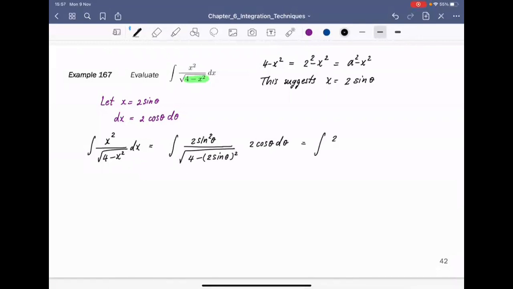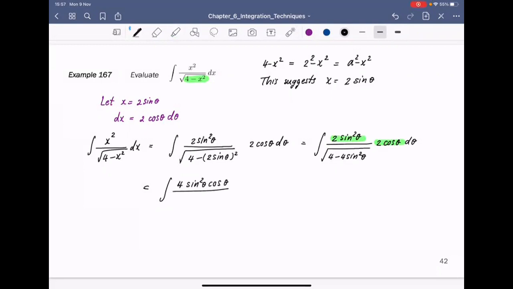So it's going to be 2 times sine squared, right? On the denominator, I have 4 minus 4 sine squared, and then 2 cosine theta d theta. So if you see that, you can group the top together. So you have 4 sine squared cosine.